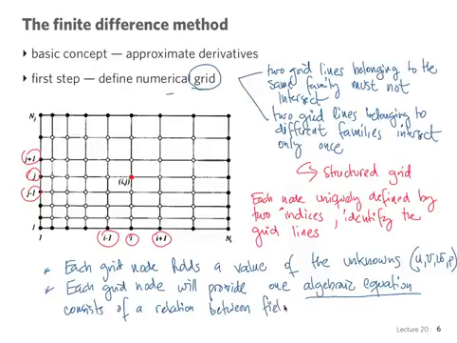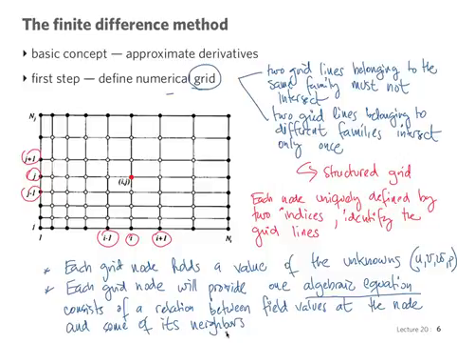Let's call it field values, the unknown values of velocity and pressure, at the node and some of its neighbors. So this is the first step.